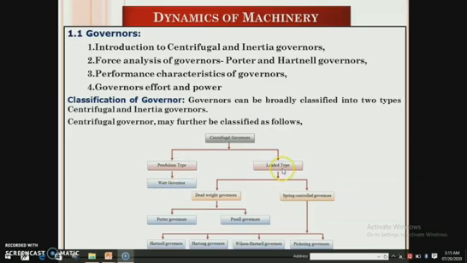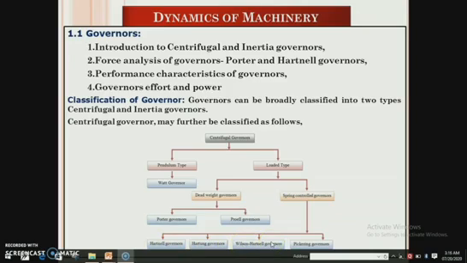Then loaded type is further classified as deadweight governors and spring controlled governors. Deadweight governors are further classified as Porter governors and Proell governor. And spring controlled governors are further classified as Hartnell governors, Hartung governors, Wilson-Hartnell governors and Pickering governors.